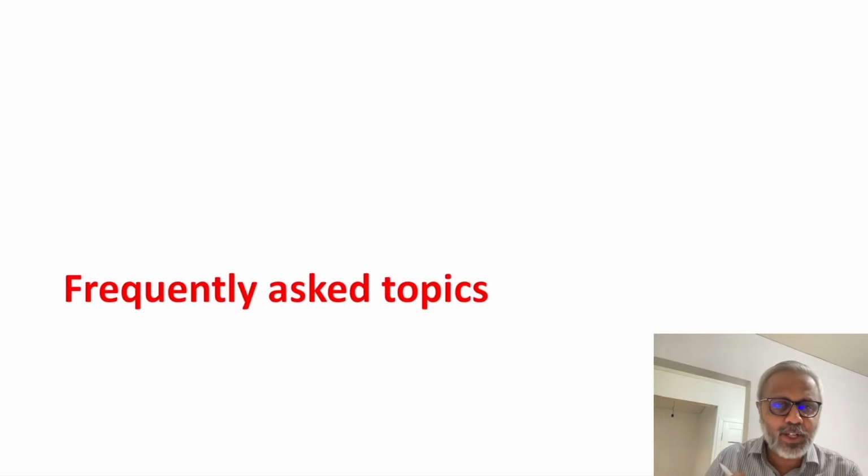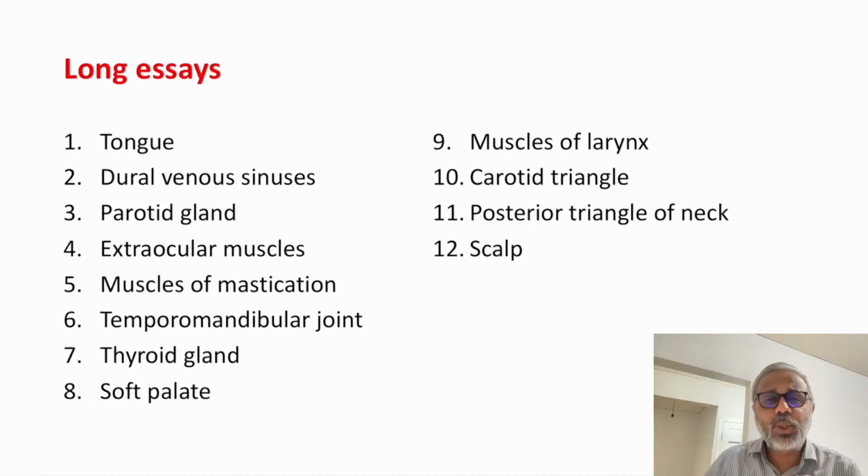So what are the most frequently asked topics from the head and neck region? First, if you go through previous year question papers, which is the first step towards writing the first MBBS university exam, you should collect as many question papers as possible from your own university. Since all of you belong to the CBME batch, try to collect all the question papers after 2019.